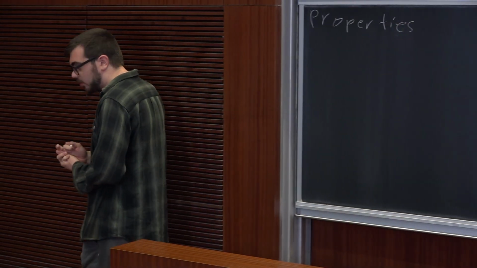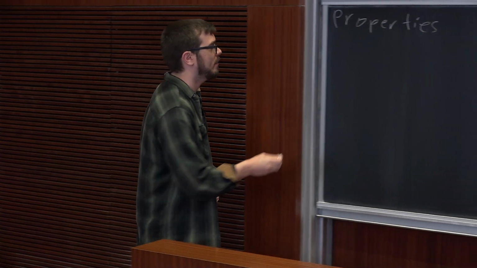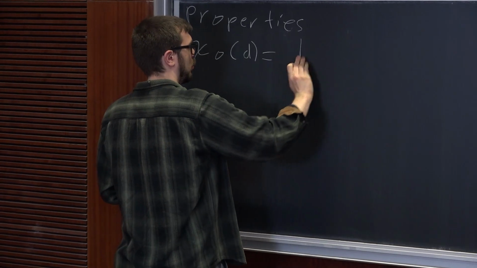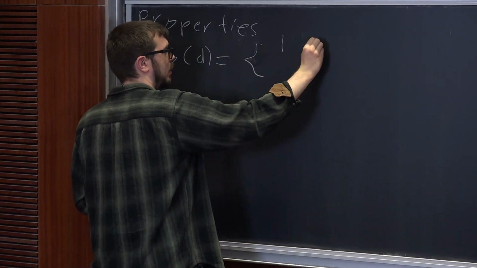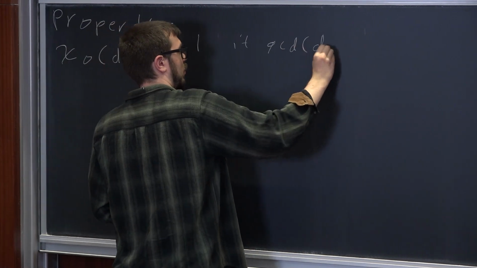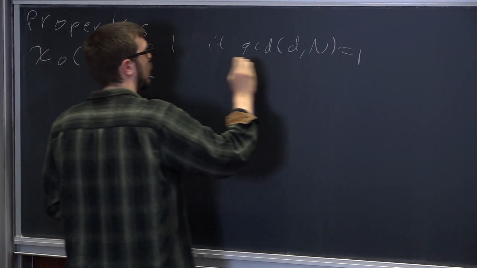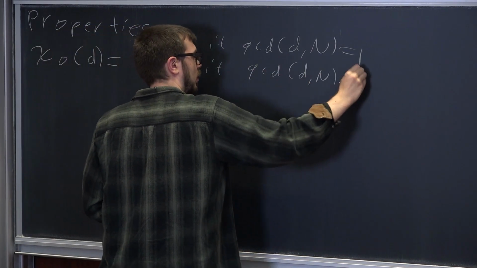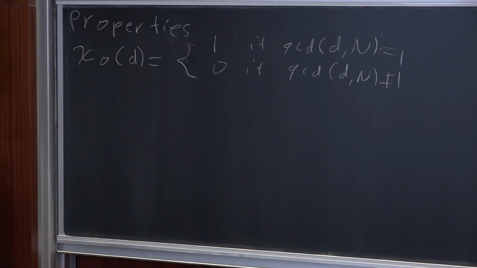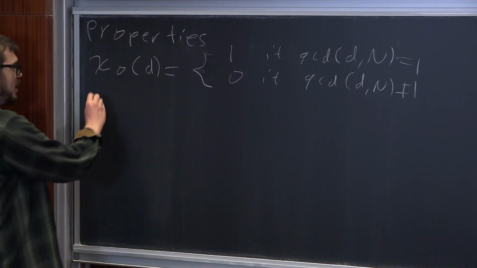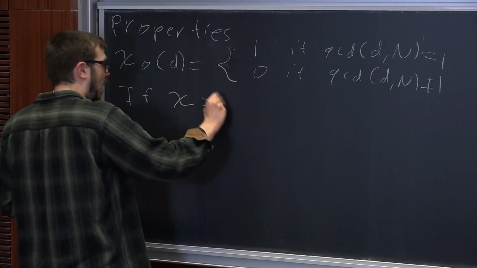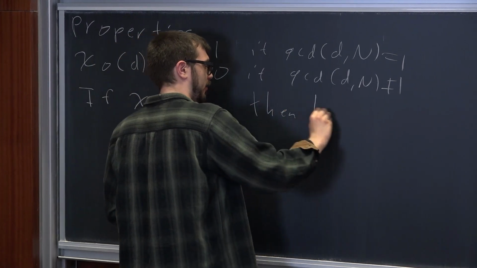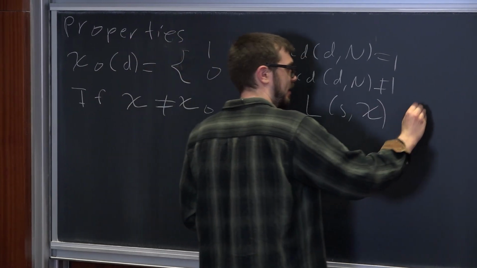Well, one Dirichlet character is special. We have the trivial character, which is defined to be 1 if d is relatively prime with n, and 0 otherwise. And then the key property is that if chi is not chi 0, then L of s, chi is an entire function.